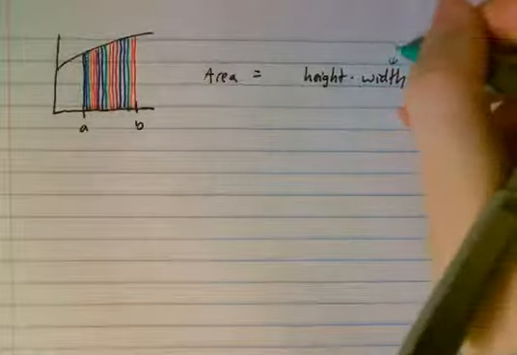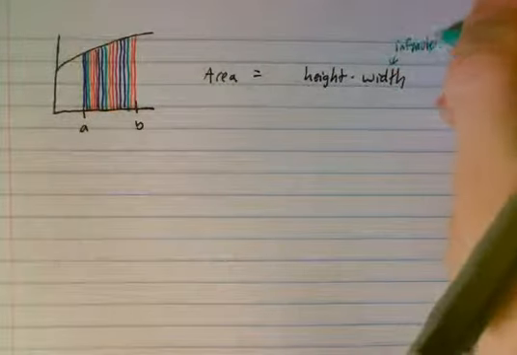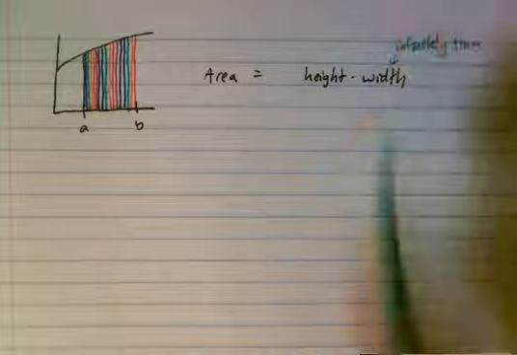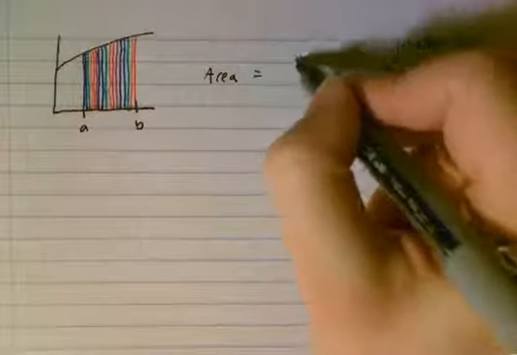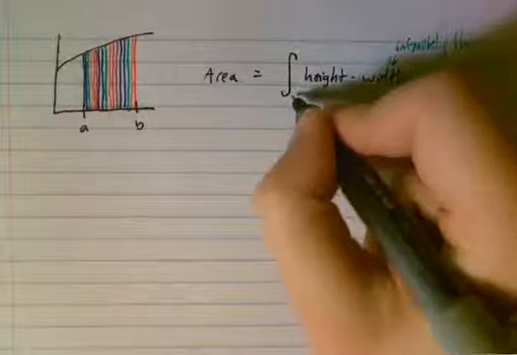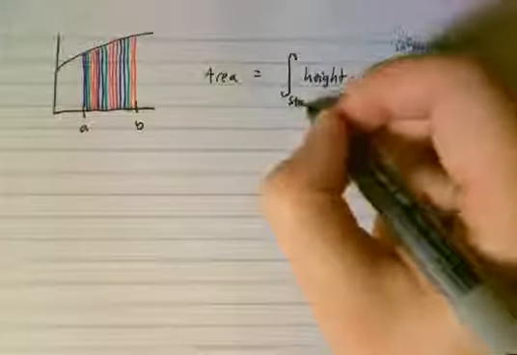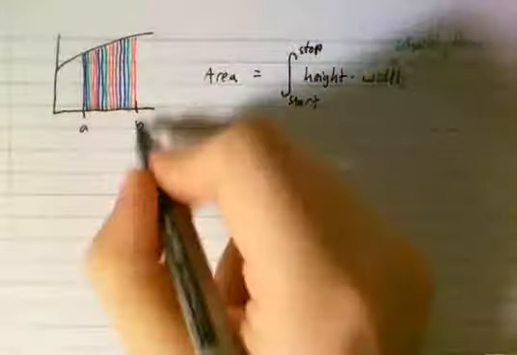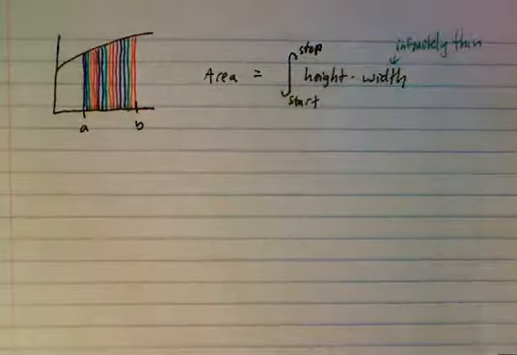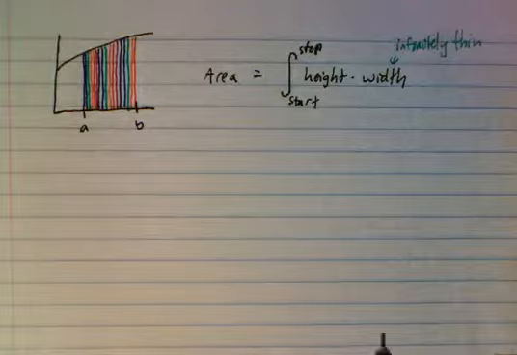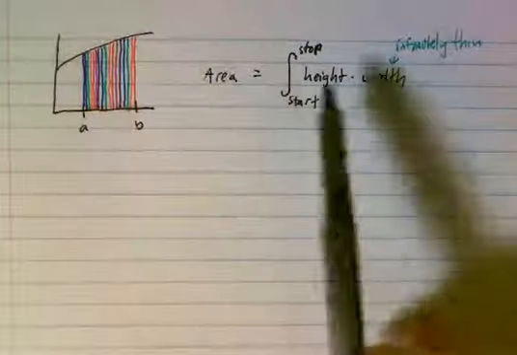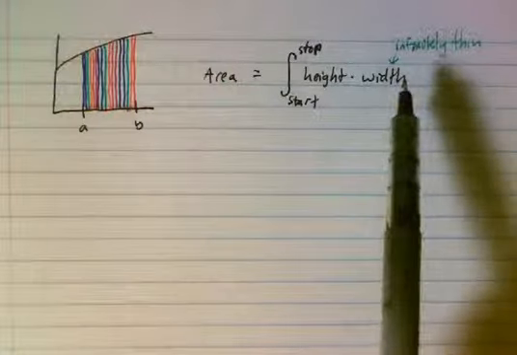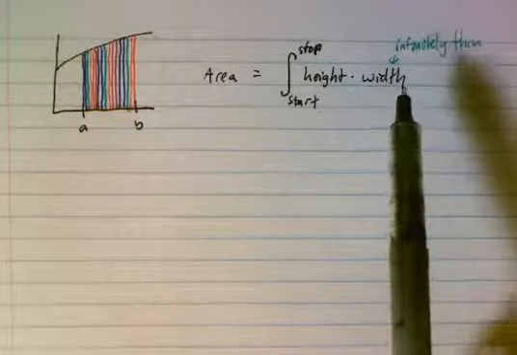Remember, this width is infinitely thin. This little width right here times whatever this height is for each one. We're going to add up each of those, starting at our starting number over here at A and ending at our stopping number over here at B. And the thing is, if we can write an expression for the height of each of these infinitely thin rectangles in terms of the same variable that we're using for width, then we can use integration to find the area. So let's write that out.